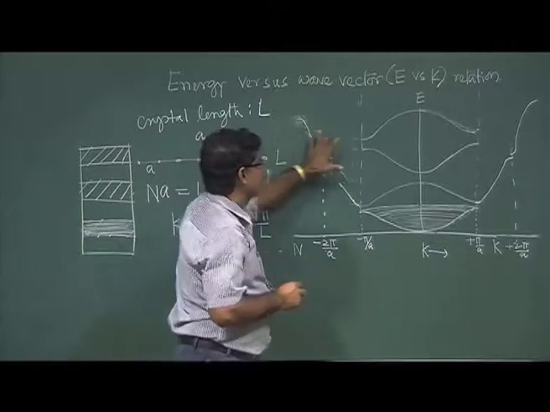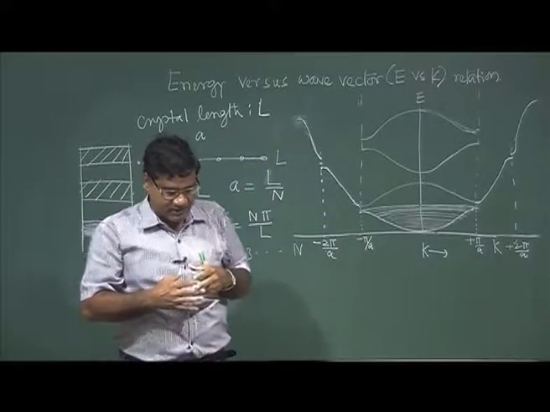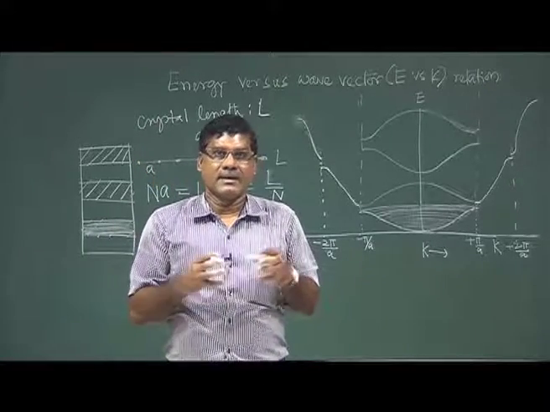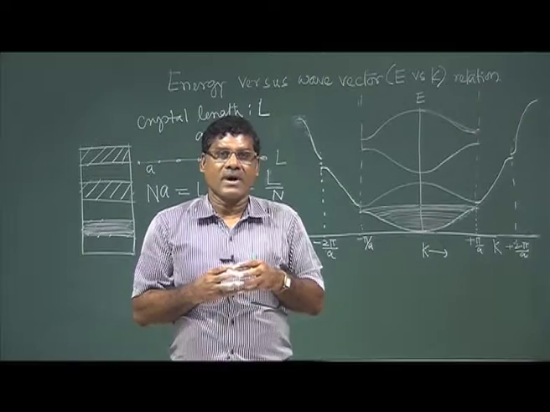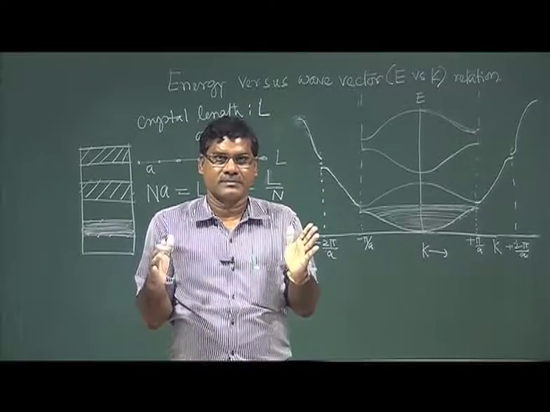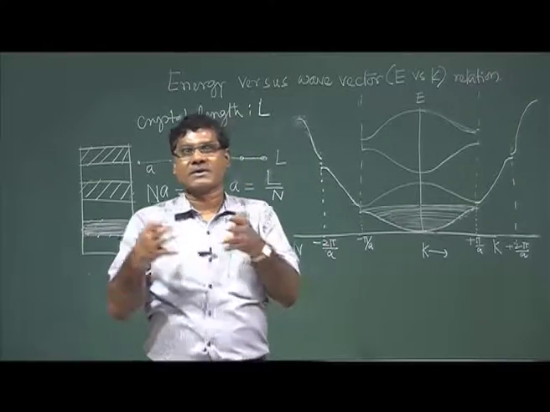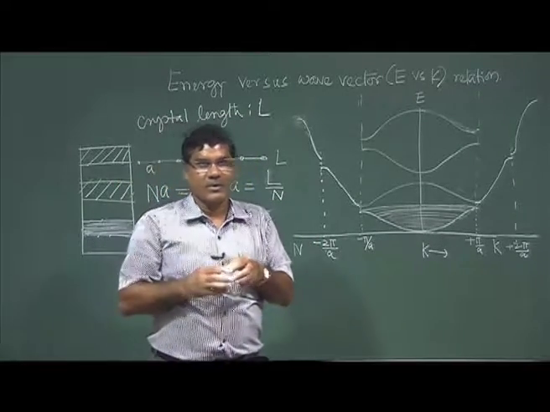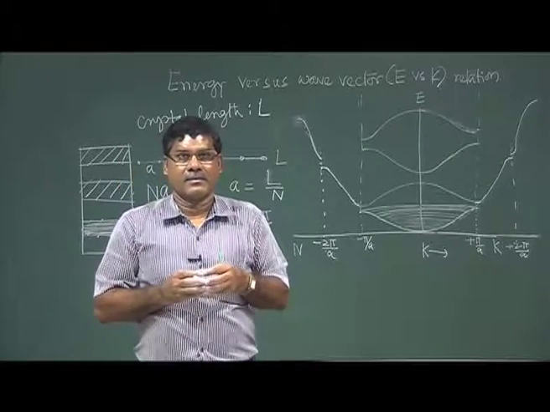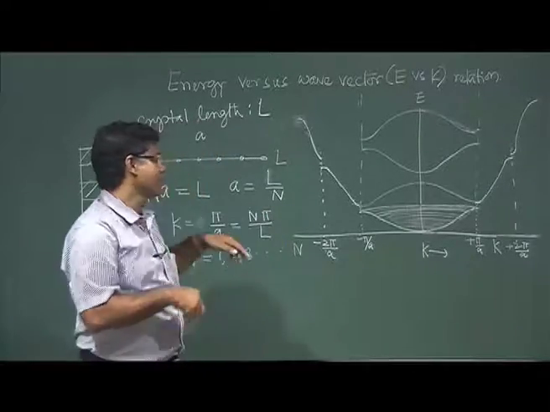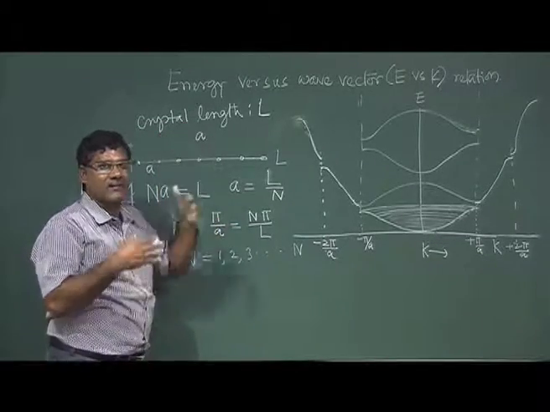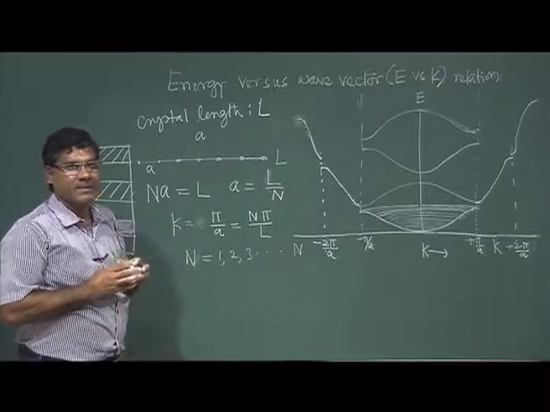So you see, we started from free electrons and then we confined them in a constant potential, right. Then we considered the periodic potential, but for an infinite crystal, but then again we have come back to the real system where the crystal has finite dimension.